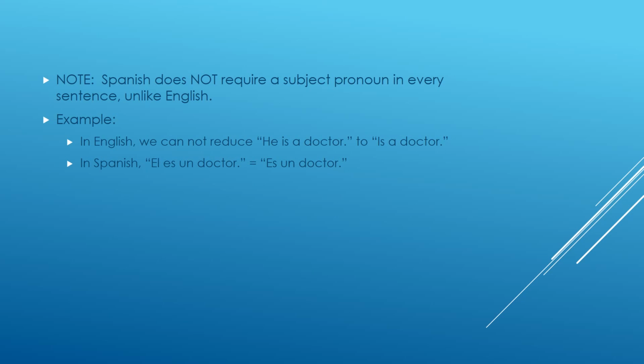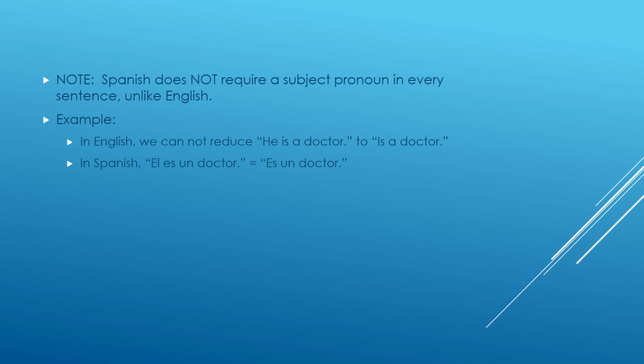Now this is an important note. In Spanish, the subject pronoun is not as important as in English. In English, you would never change the sentence, he is a doctor, to just is a doctor, because that wouldn't make sense. However, in Spanish, you could say, él es un doctor, or you could say, es un doctor.